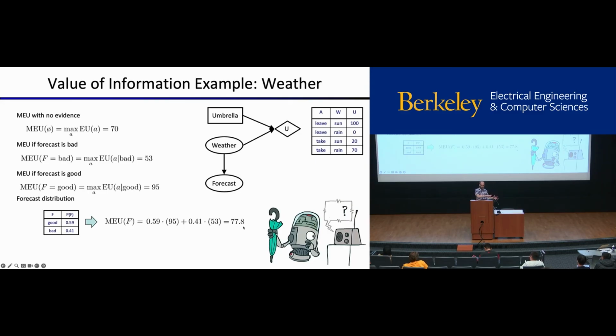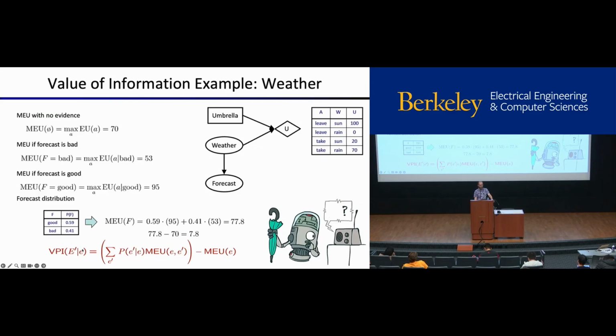That is the expectation of the maximum of the expectation of the utility. Whereas the maximum expected utility with no evidence was 70. So 77.8 minus 70 is 7.8. And so we say the value of perfect information from observing the forecast is 7.8.